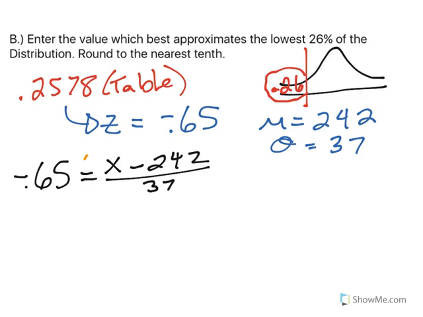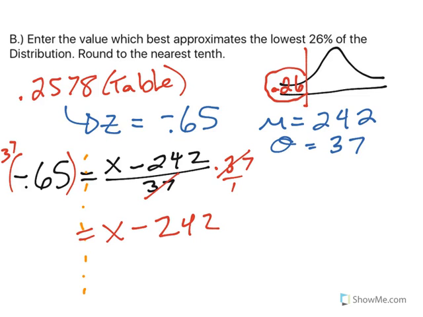And now we are solving an equation. So the first thing that we're going to do to both sides is multiply by 37. Because when I multiply this side by 37, 37 divided by 37 is 1. Those pieces cancel out, which is exactly what we want. So I am left with x minus 242, and when I multiply 37 times negative 0.65, I get negative 24.05.